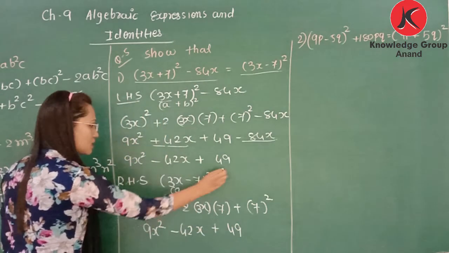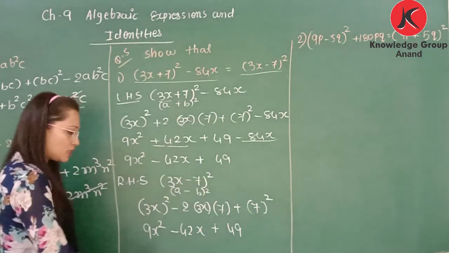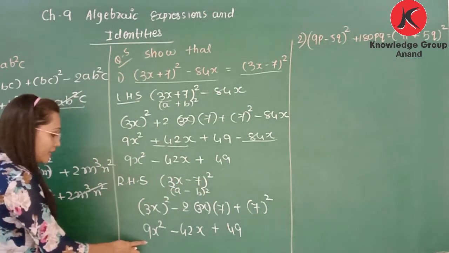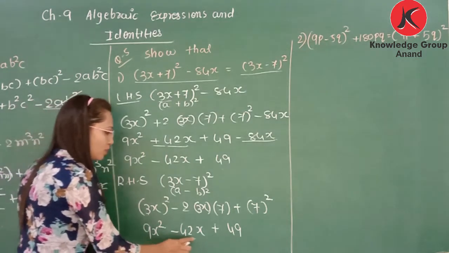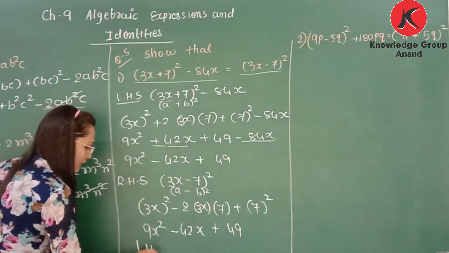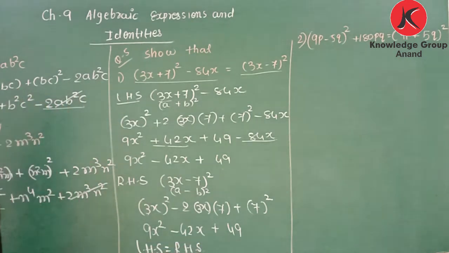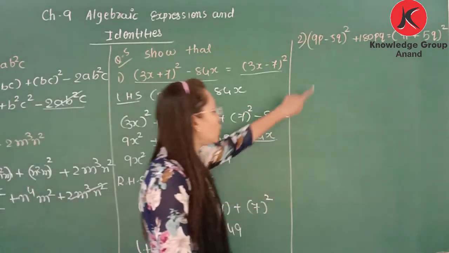Now you can see this is our left hand side, 9x square minus 42x plus 49. This is our right hand side, 9x square minus 42x plus 49. Both are the same, so we can write left hand side is equal to right hand side. Clear?